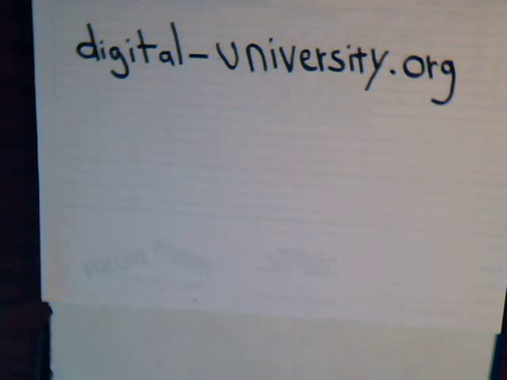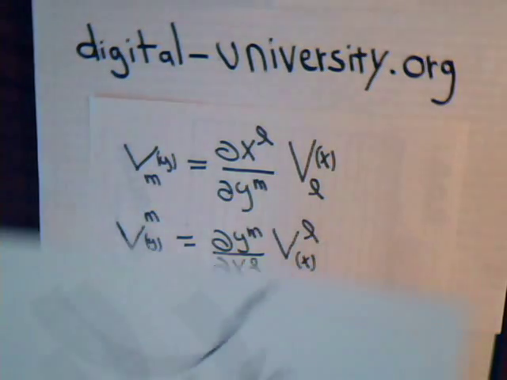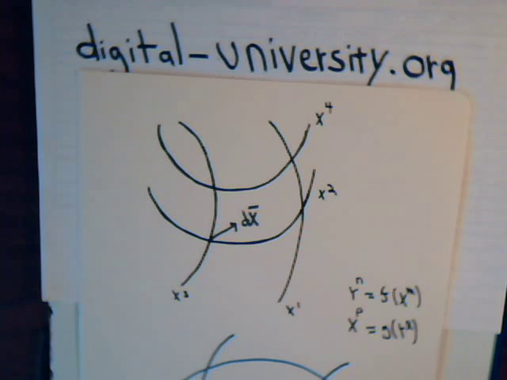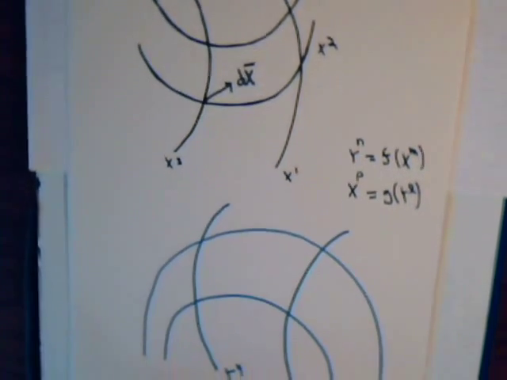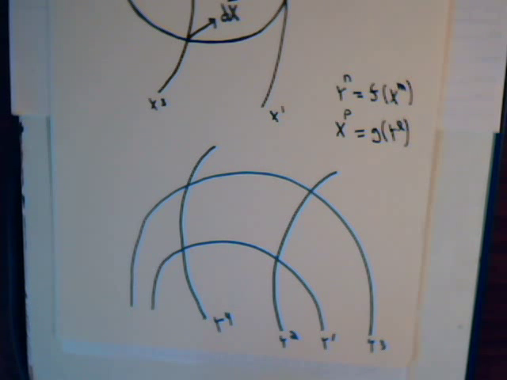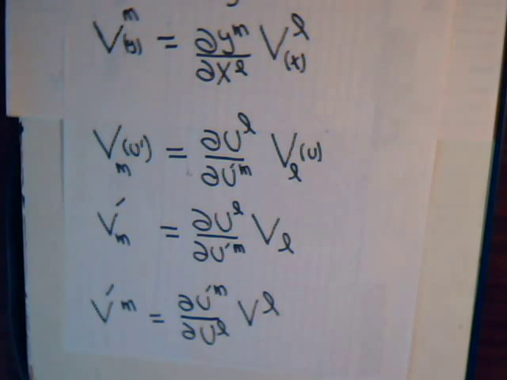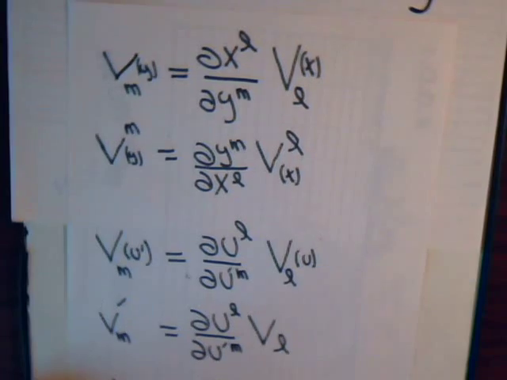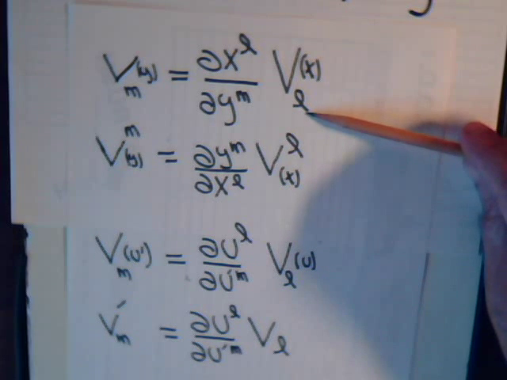a more intuitive viewpoint. Now remember from our first 2 or 3 videos that if you have a vector and you have, say, a curvilinear coordinate system with coordinate axes x1, x2, x3, and so forth, and then you have a y curvilinear coordinate system with axes y1, y2, y3, and so forth, that the way the components of the vector transform, here we are in the x curvilinear coordinate system, and here are the covariant components of the vector.